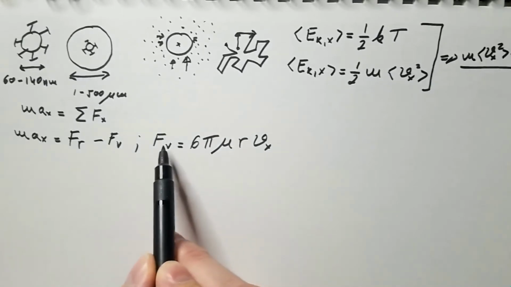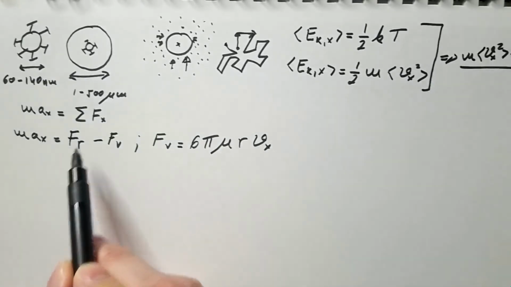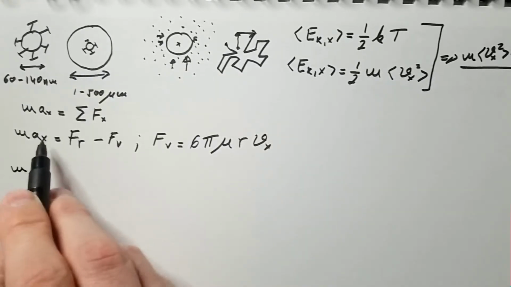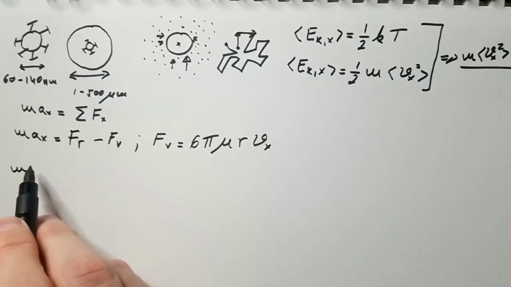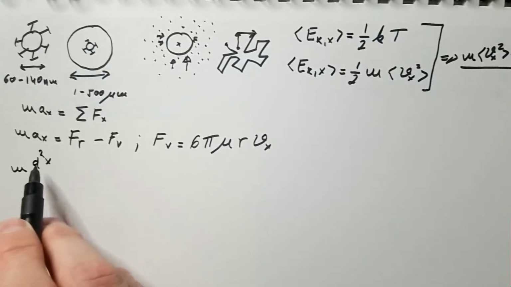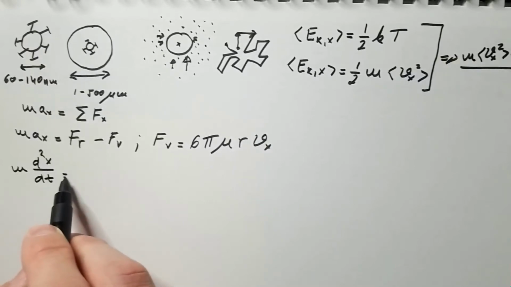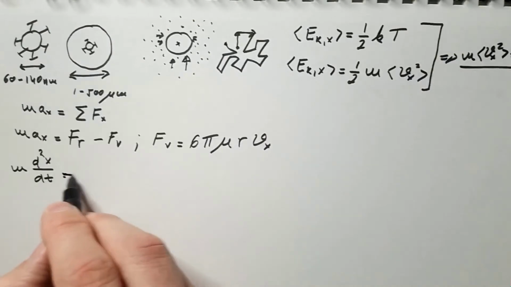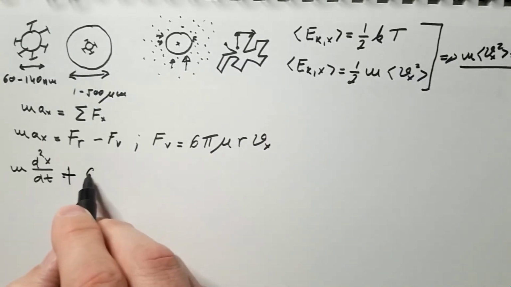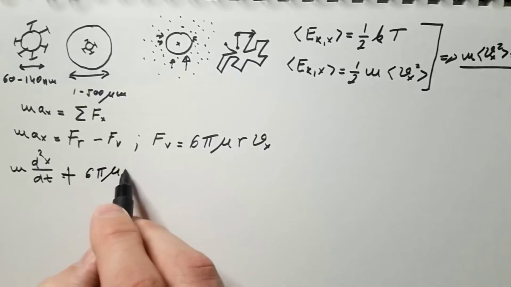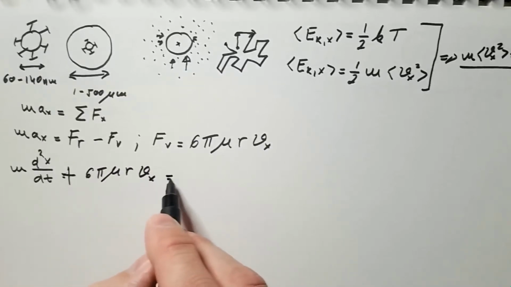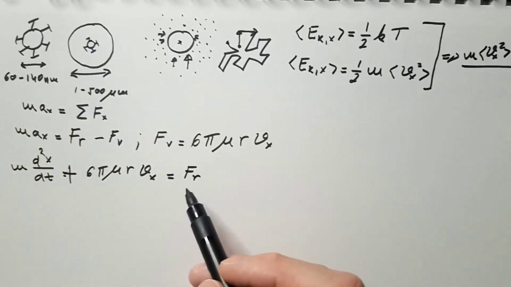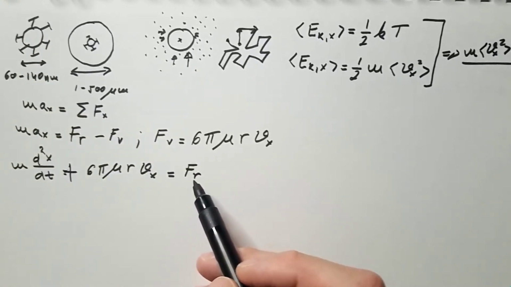Now I will substitute this form of Fv into my second Newton's law, and I will get that mass times acceleration, which I will rewrite as the second derivative of the position, and I will actually move Fv to the left side, so it will become plus, and then I have 6 pi mu r Vx equals Fr. And this equation actually has its name. It is called the Langevin equation.